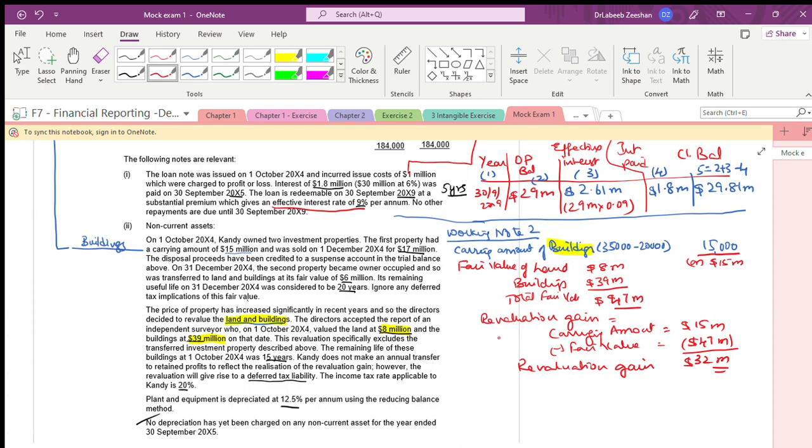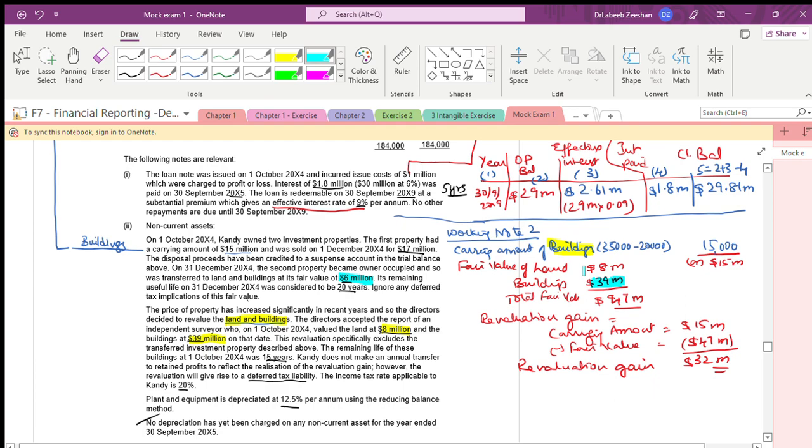How much are the buildings? Buildings are 39. We have to calculate depreciation on the buildings, and on the property of 6 million they have transferred.